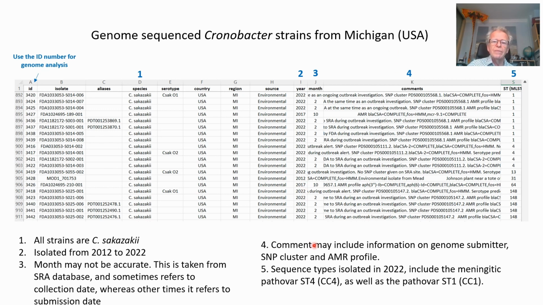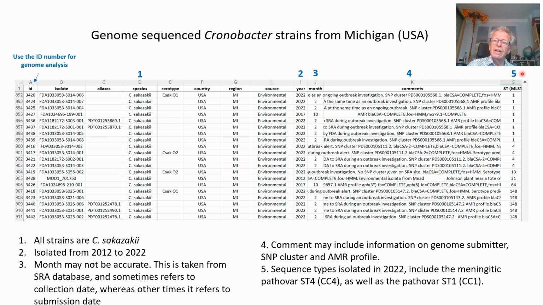For the fourth one, you really need to click on it to get more information than this screen grab does justice to. But as I say, you can already make out that it talks about SNP clusters and AMR profiles as well. Sometimes there's colistin resistance in Cronobacter as well, and that will be listed here if I find it.